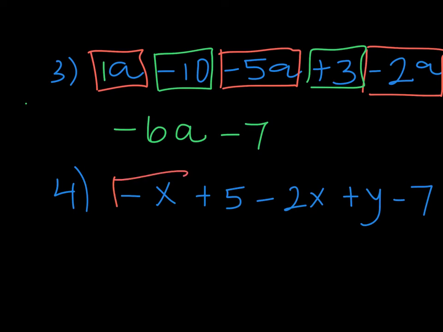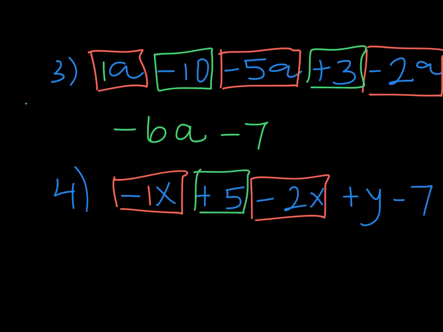So I have negative x minus 2x. Remember, there's an understood 1 here, so it's negative 1x. Then I also have positive 5 that can be combined with negative 7. And the y is kind of just by itself. There's nothing else I can combine with it.